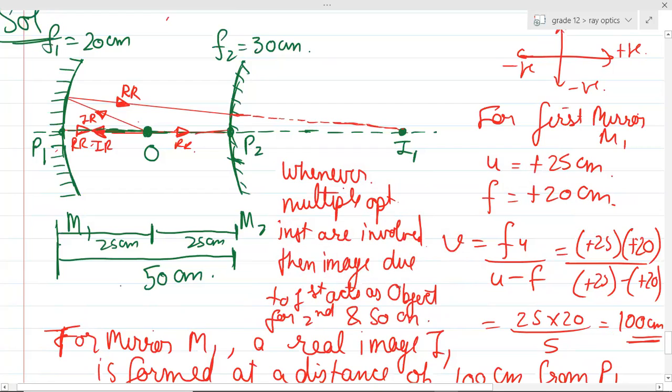If there are many more instruments involved, then what will happen? Is this note clear, guys?